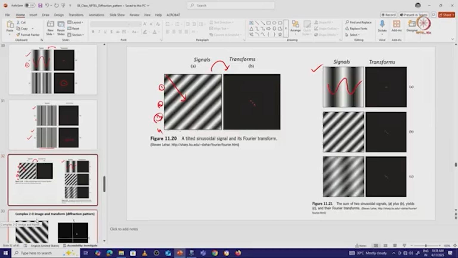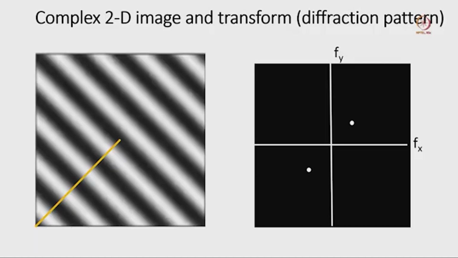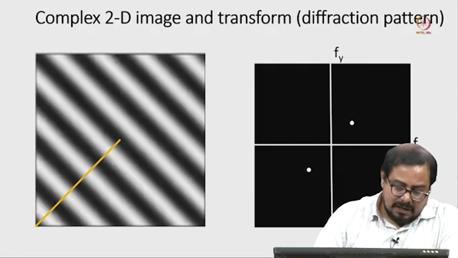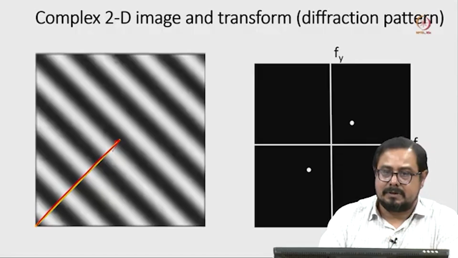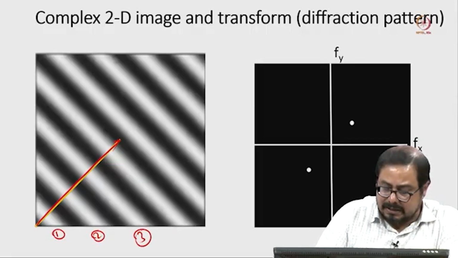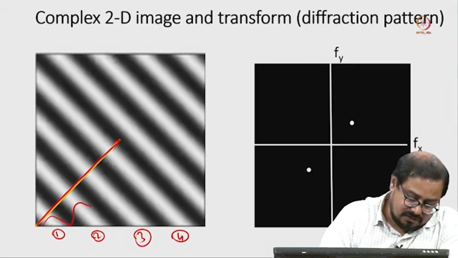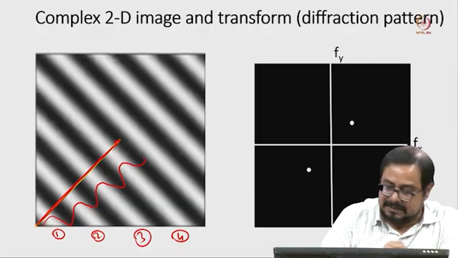Let me come to the next slide, which will help us understand these things. Here there is a complex 2D image and its transformation. What we are doing here is just counting the waves. The wave is propagating in this particular direction, and it has a frequency: you have to count how many ups and downs, or how many oscillations, there are.